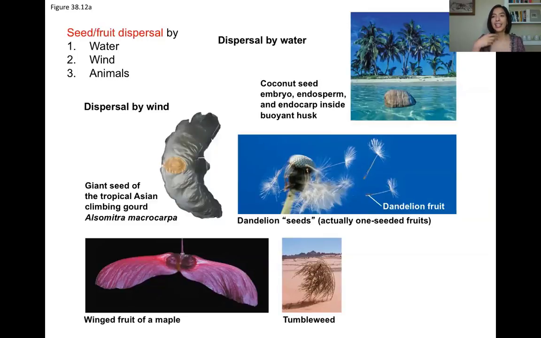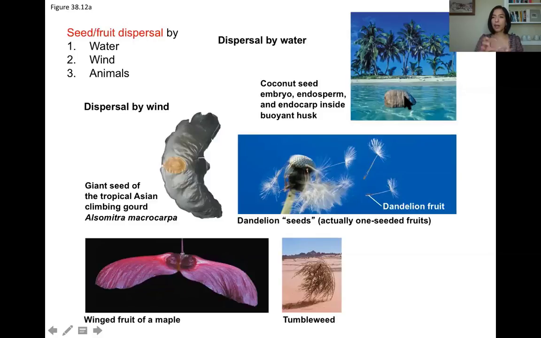It's actually a triploid tissue, which means it's the endosperm. But surrounding this structure, we have the ovary that transforms into this really hard and tough cover.